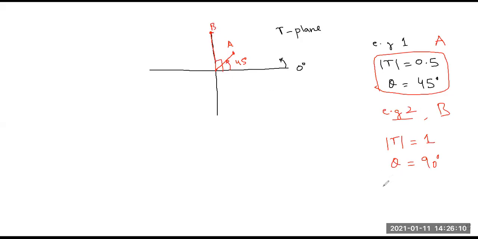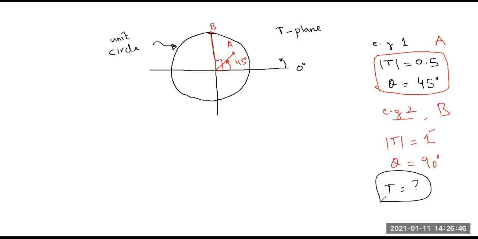You can keep taking any value, but the main point I want you to understand is that the maximum magnitude is equal to 1. So if I draw a circle with radius 1, let me call this the unit circle. No matter what value of gamma you take, the magnitude cannot be more than 1.